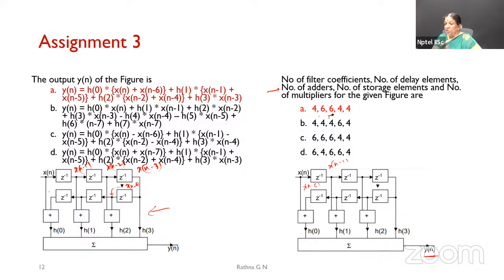That is storage. And number of multipliers, if you count, you'll be seeing 1, 2, 3, and then 4. So 4 multipliers. So the first one is the correct answer.